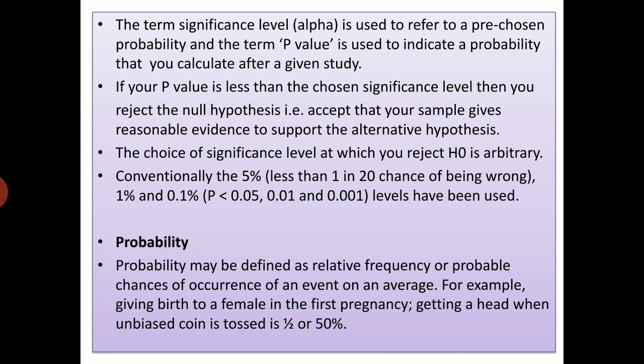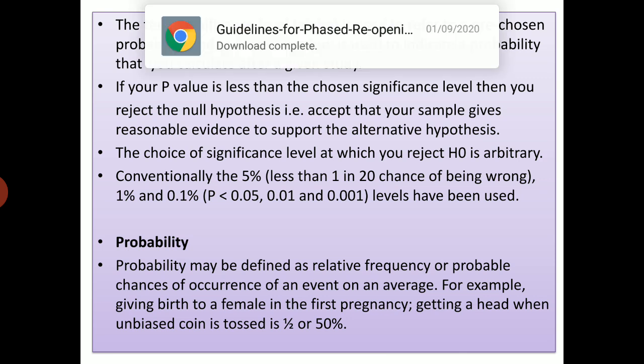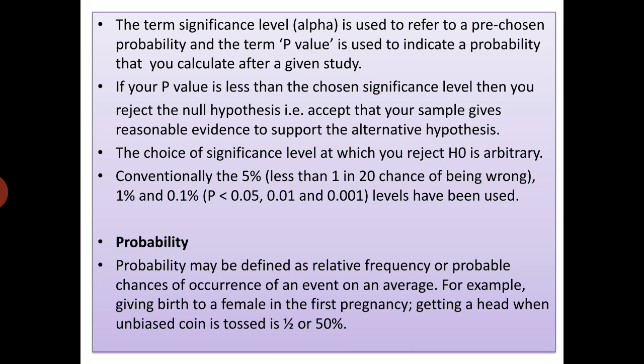Okay, so if your p-value is less than the chosen significance level, then you reject the null hypothesis. Listen carefully.